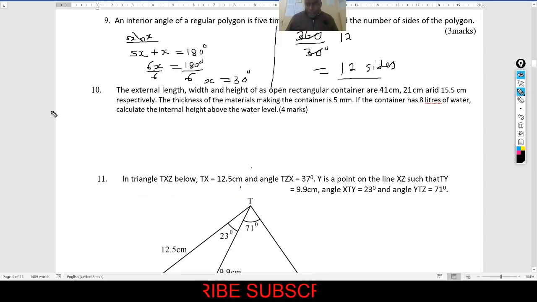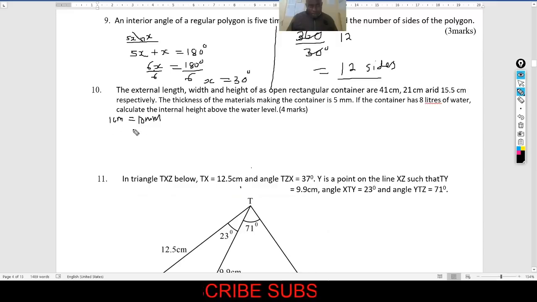Remember, the thickness of the material making the container is 5 millimeters. What you need to note is that because we are dealing with centimeters and millimeters, 1 centimeter equals 10 millimeters.